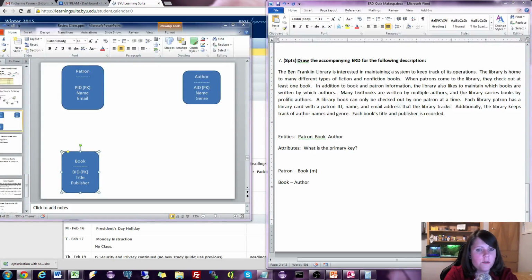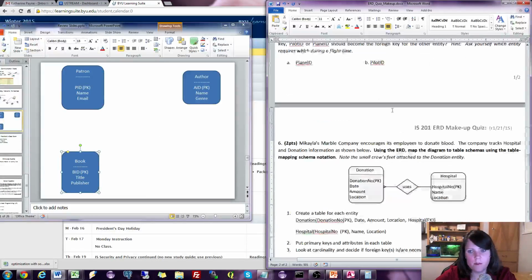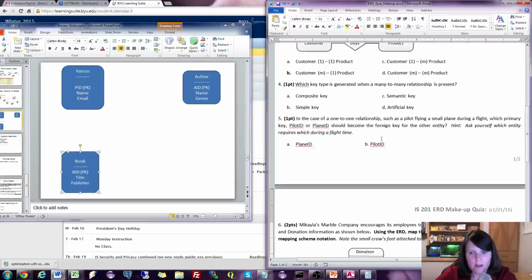And then in a one-to-one case, well, you have to think about it as what's scarier, A without B or B without A. And if it's scarier for one side not to have the other side, like in the case of, oh, I'm looking at the quiz, in the case of the plane and pilot, the plane has to have a pilot.